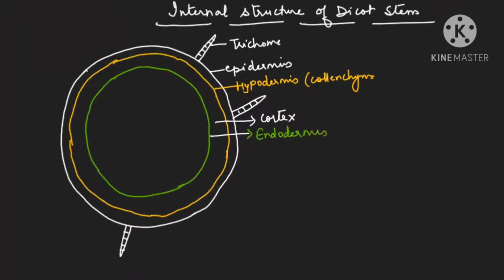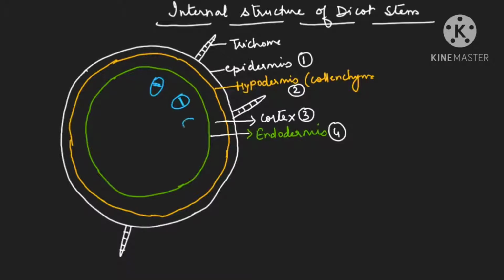So till now, we have drawn 4 layers. First is your epidermis, second is your hypodermis, third is your cortex, and fourth is your endodermis. Clear? Now check the diagram very carefully. Now we have to draw the vascular bundle. I am drawing the vascular bundle, and the two lines in between mean that cambium is present.